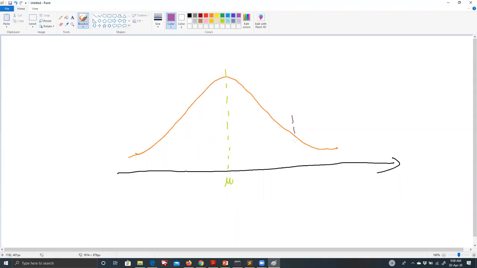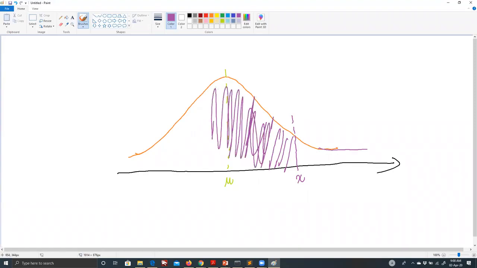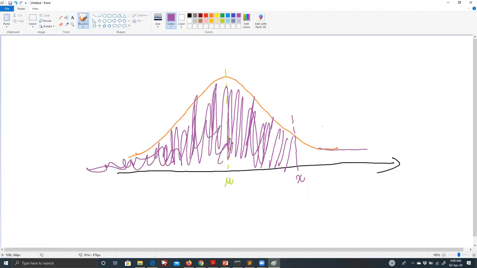Basically, arbitrarily, I got a point here. This is called x. If you are taking only one part out, you are only worried about not being greater than some threshold, and the rest, all the lower sides and everything, is okay.